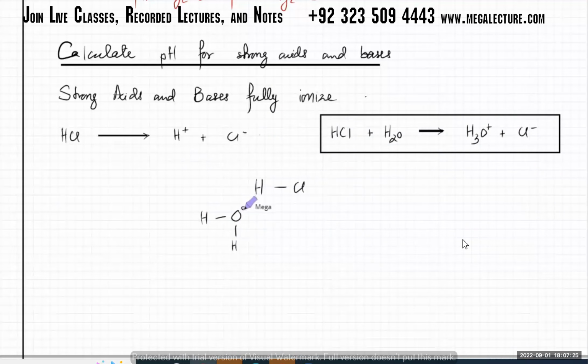The reason is कि वो जो H था ना, that's kind of positive. Cl is slight negative. So this H over here, it's going to be attracted to the lone pairs here.